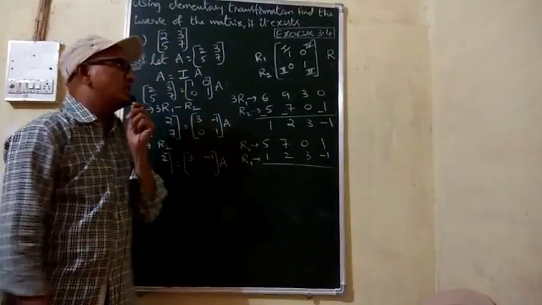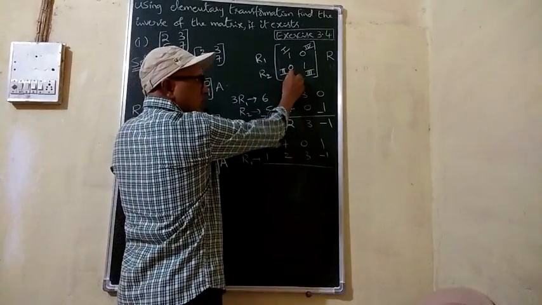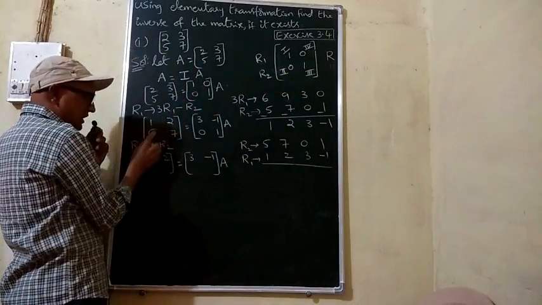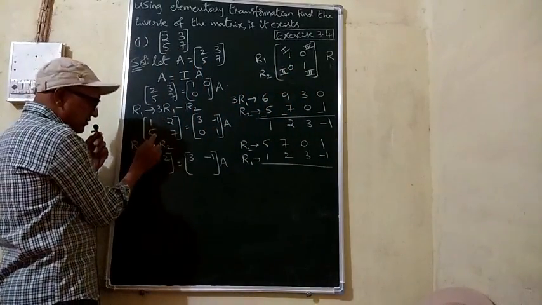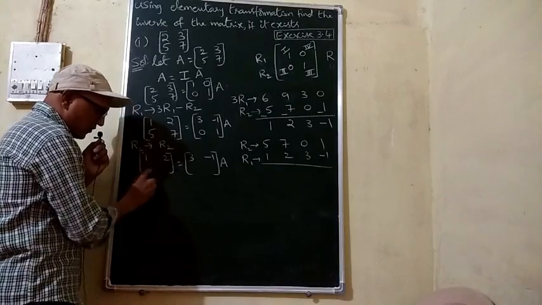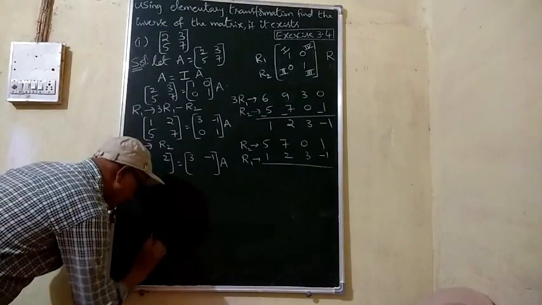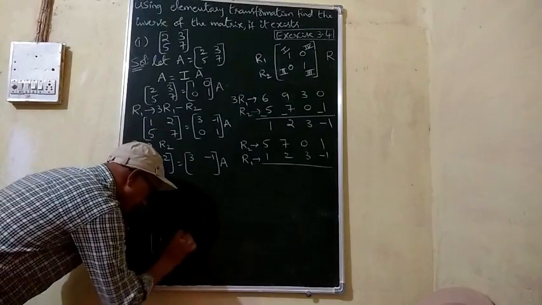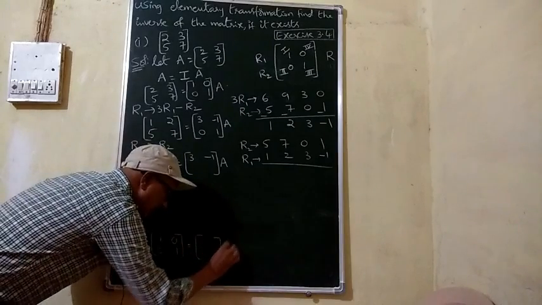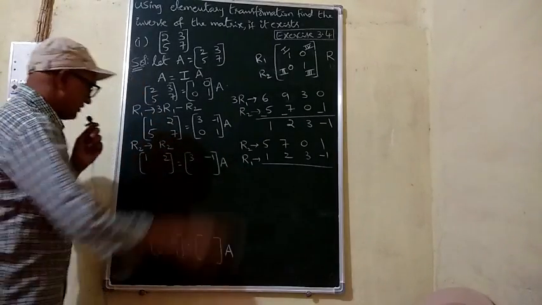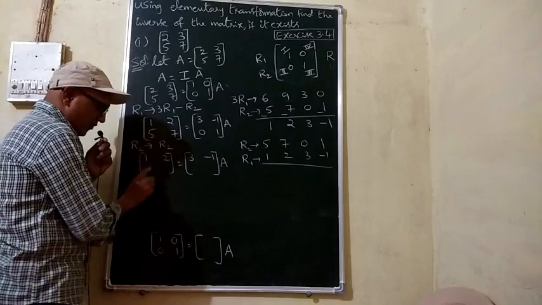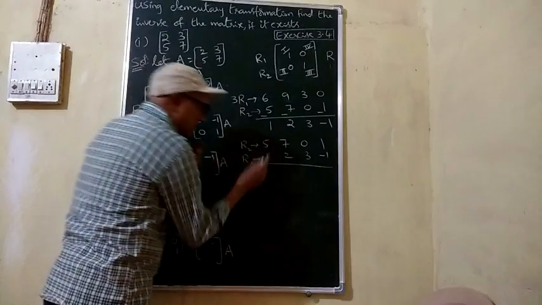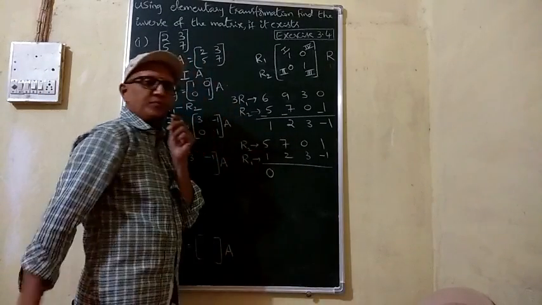In which place we want Roman letter 2? 0. In place of 5 we want 0. Our target is to get 1 0 0 1. Whatever we get here, that is our answer. So in place of 5, we need 0.